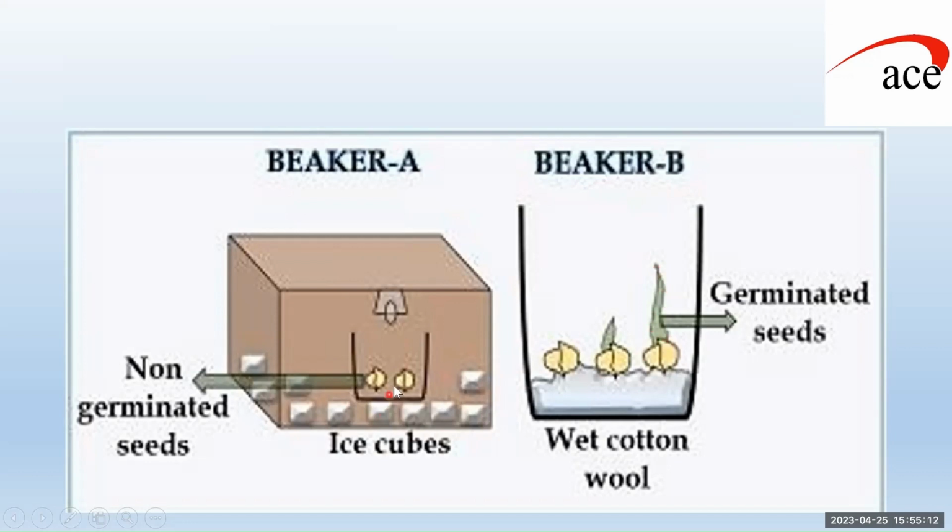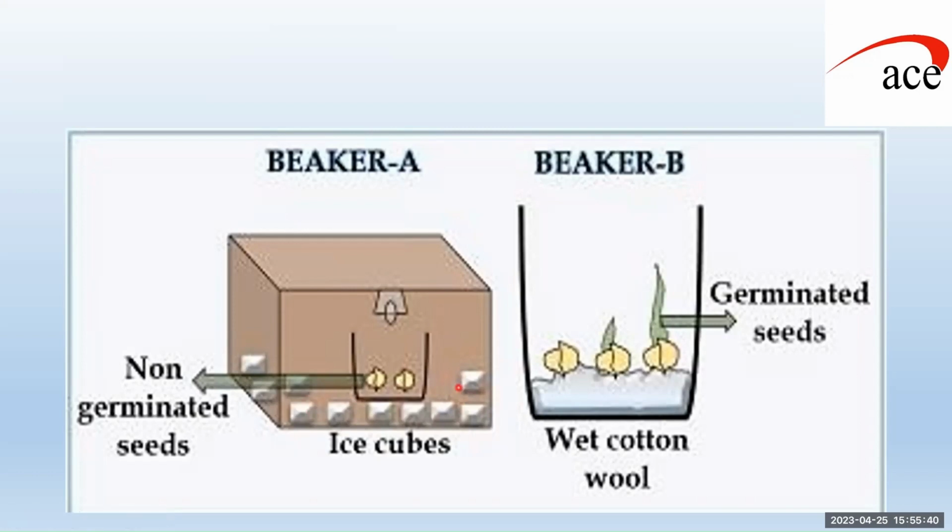However, if here the seeds are placed in an ice box in which the temperature is very low, then germination of seeds will not be seen. So at an optimum temperature, germination of seeds will be seen, but at very low temperatures, it will not.